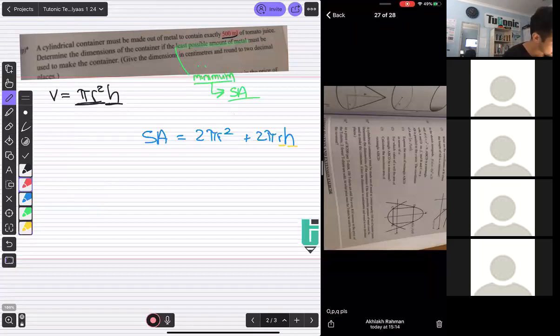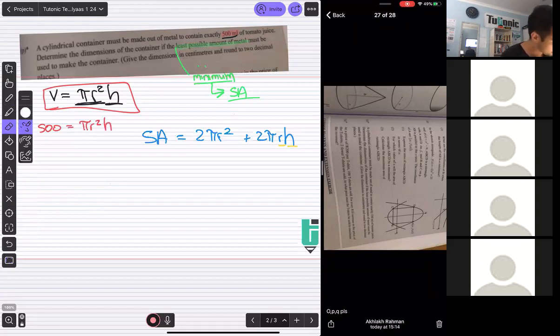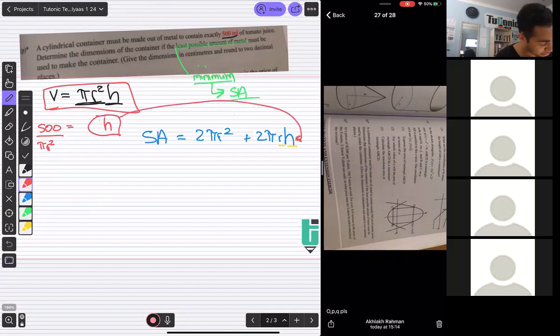Because they wanted you to write the volume formula. So 500 equals pi r squared h. And Akhlaq is saying if you divide by pi r squared, you get h equals 500 over pi r squared. Which means in this equation, you can substitute h to be 500 over pi r squared, which means that you only have an equation with r. You don't have any h's.